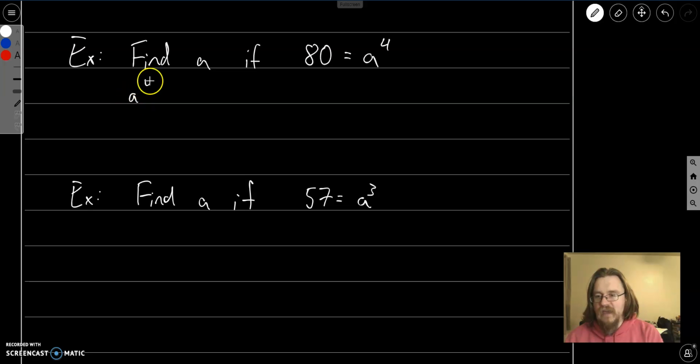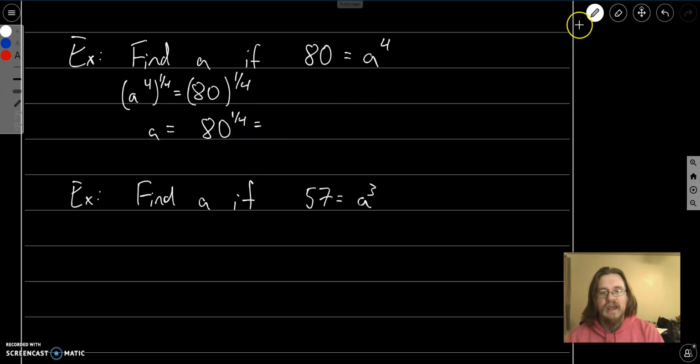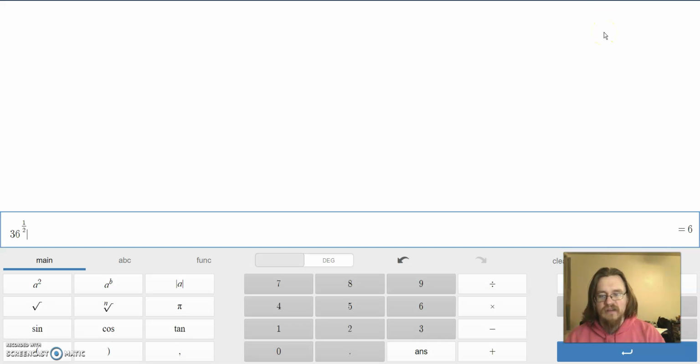So instead of having a to the 4th is equal to 80, I will take both sides and raise it to the 1/4 power. A to the 4th to the 1/4, well, 4 times a 4th, that's just 1, these cancel. So a is just 80 to the 1/4 power, and I can plug this into my calculator.